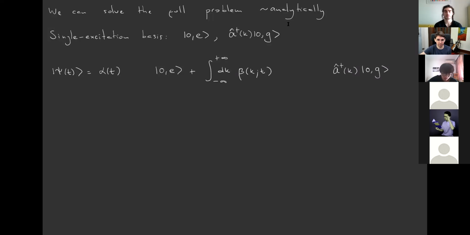Just for convenience, like you did already in one exercise, we remove the evolution given by the free terms. In particular, we put in here this time-dependent phase factor, and this time-dependent factor. As I said, this is just for convenience, because then the equations that we find for alpha and beta are simpler.